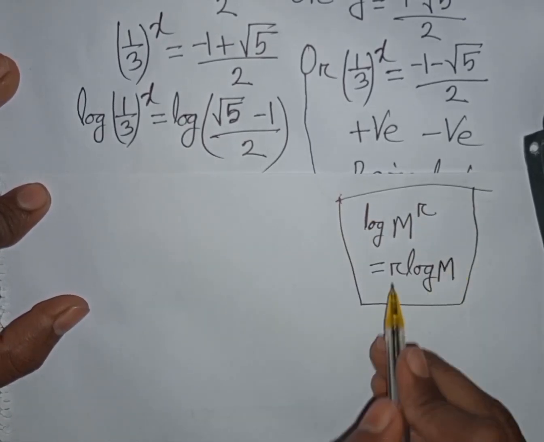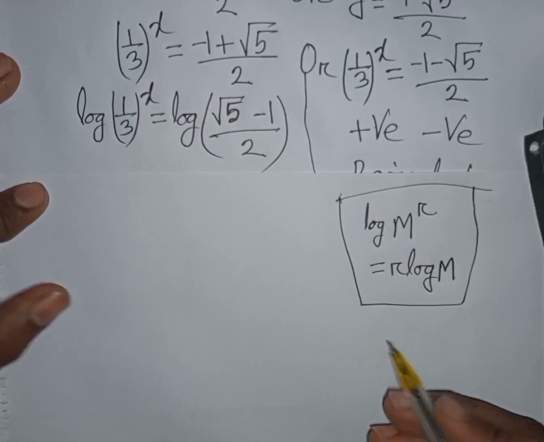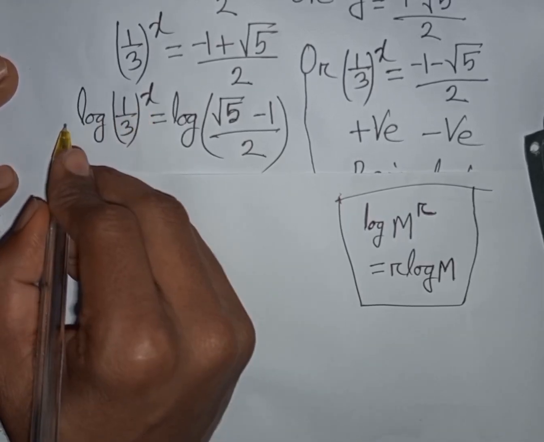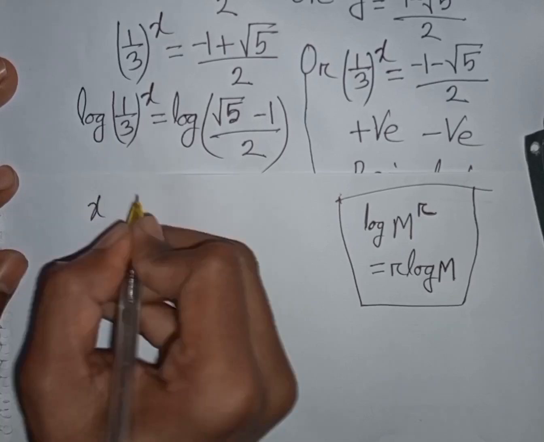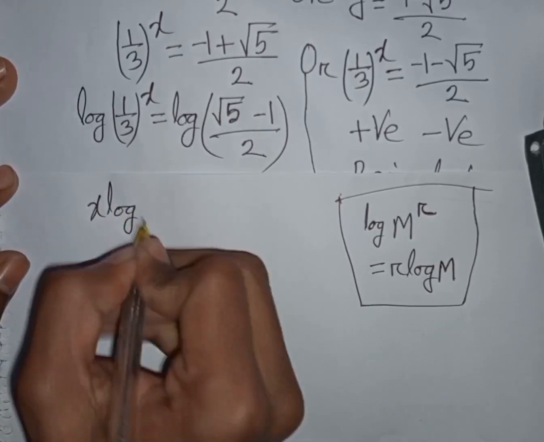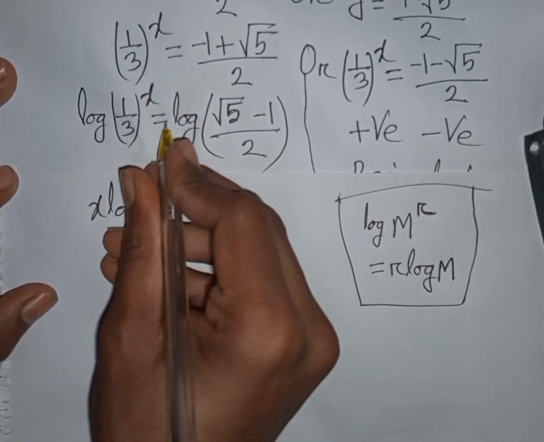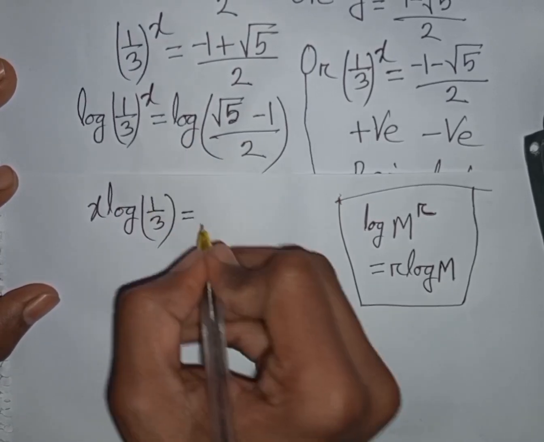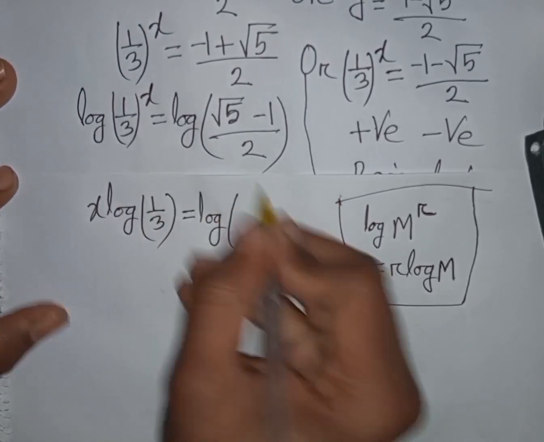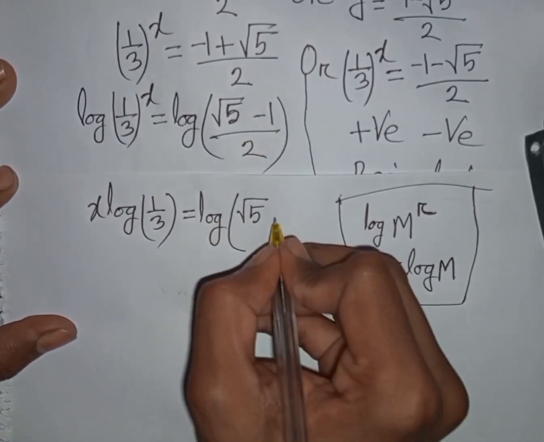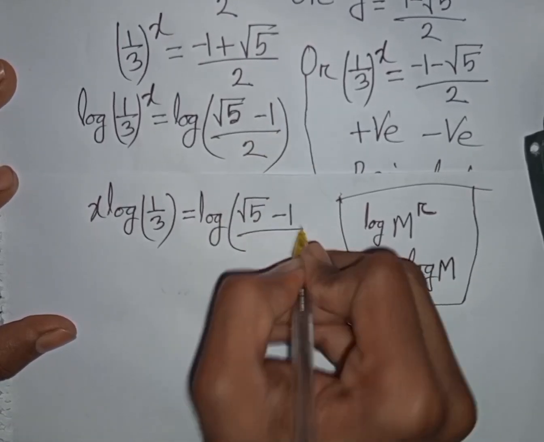That means this power r moves to the front. So according to this rule, this power x will move down, and you can write here x log 1 by 3 is equal to log of square root of 5 minus 1 divided by 2.